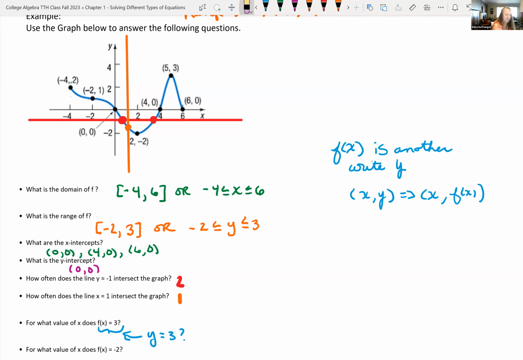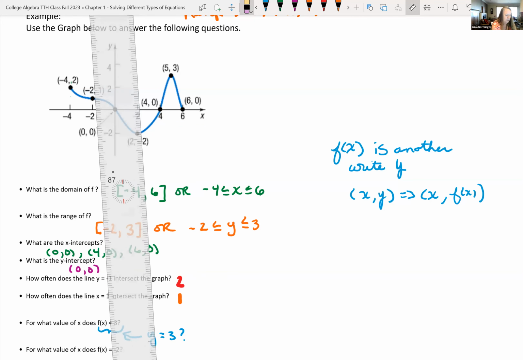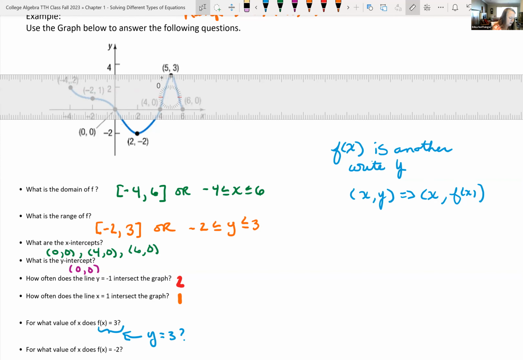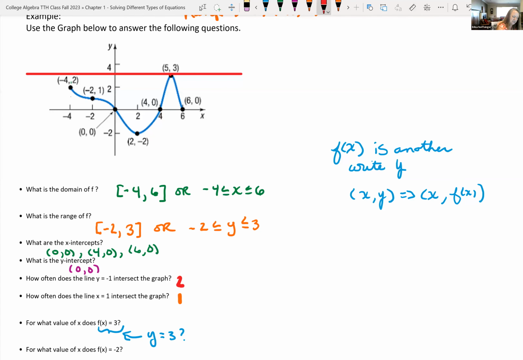So let's do a horizontal line through y equals 3. Looks like if I did a horizontal line at y equals 3, notice that this just touches one spot.